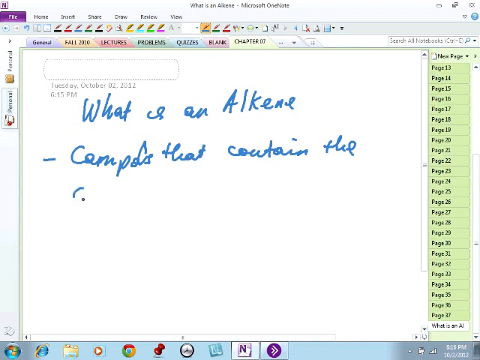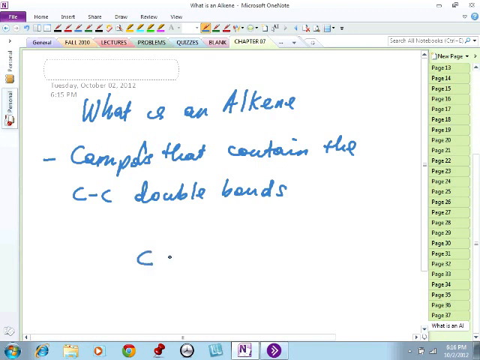Sometimes they contain only one carbon-carbon double bond. Sometimes they may contain several carbon-carbon double bonds.